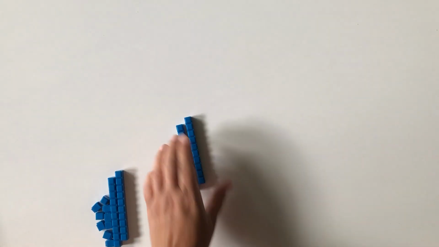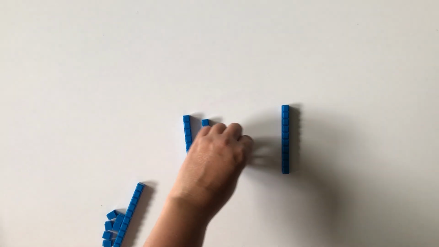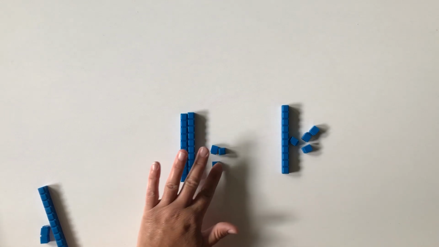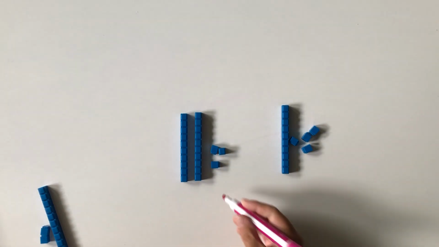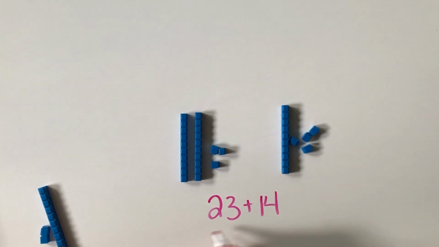So base 10s, I think, are one of the best tools for left to right addition because it makes it so visual. So this shows 23 plus 14. And when we work with base 10s, we can write it out in the abstract form too to help our kids make connections.